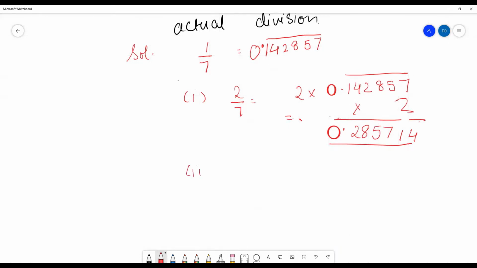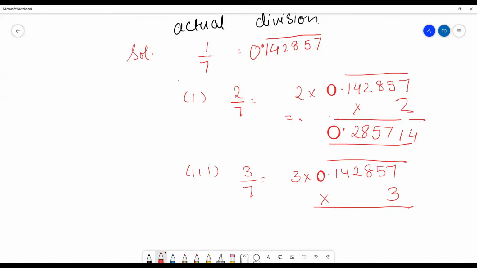Similarly, if you have 3/7, you will have 0.428571.